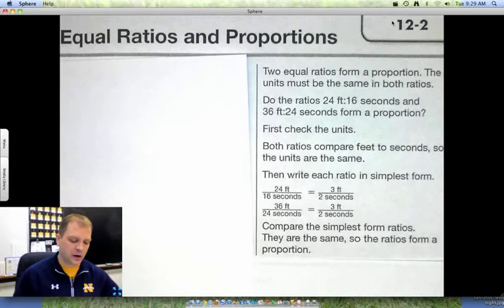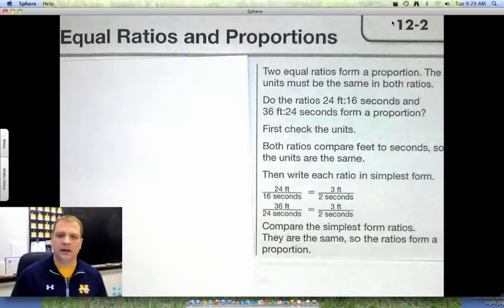Compare the simplest form ratios. They are the same, so the ratios form a proportion. So ultimately, if you find the simplest form of your ratio and compare it to the simplest form of the second ratio, if they are the same, then the two beginning ratios form a proportion. They are equal to one another.